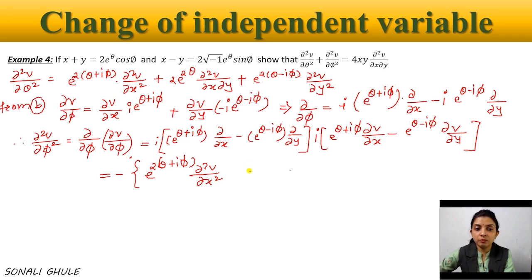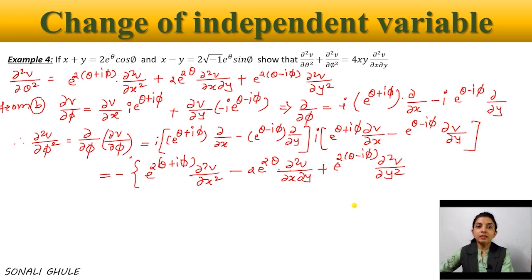Then both the terms are negative, so this will be minus 2 e to the power 2 theta into dou 2v upon dou x dou y, plus this into this, that is going to be plus, I can write here e to the power 2 theta minus i phi dou 2v upon dou y square. Okay, so I hope you all understand.